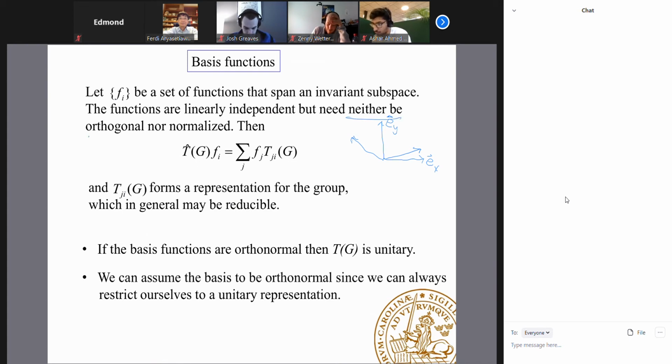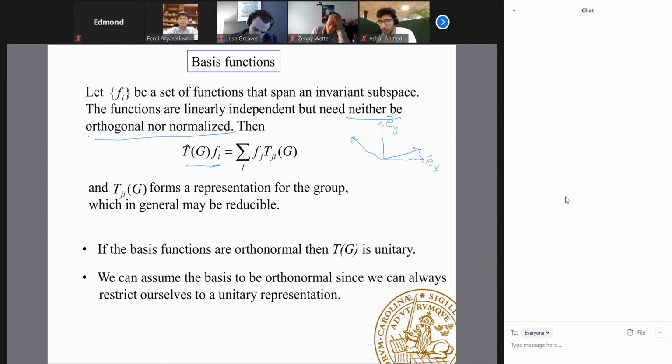But we know that when we pick up one of these functions f_i and operate on it with a symmetry operator T_g, then it has to be some linear combination of the other functions in this invariant subspace.